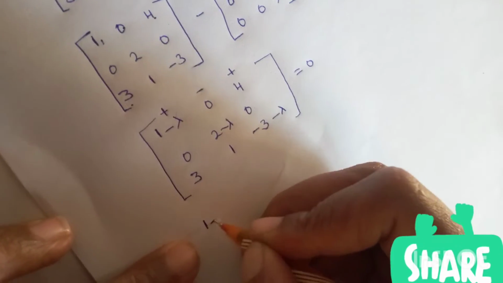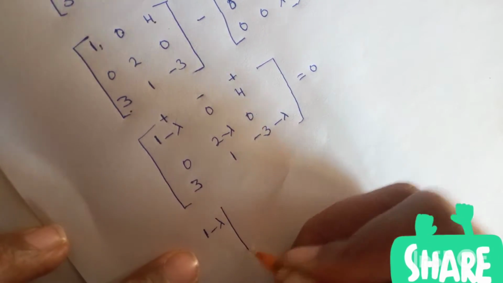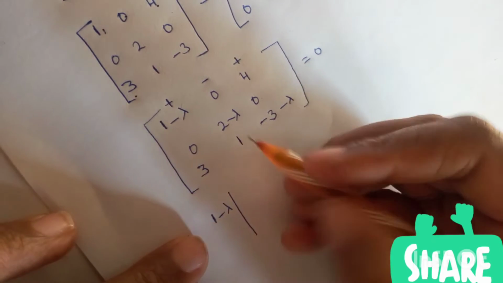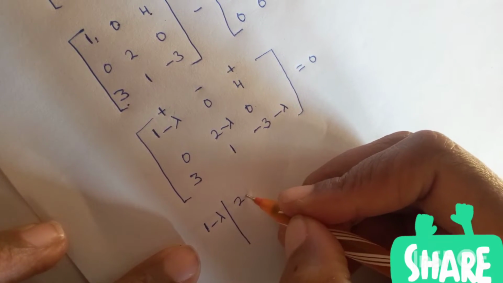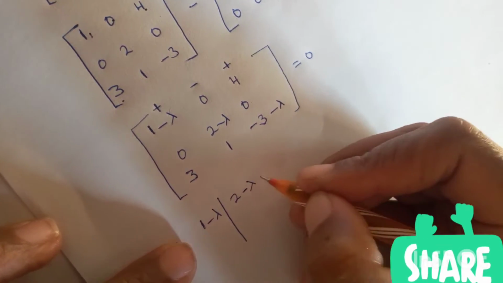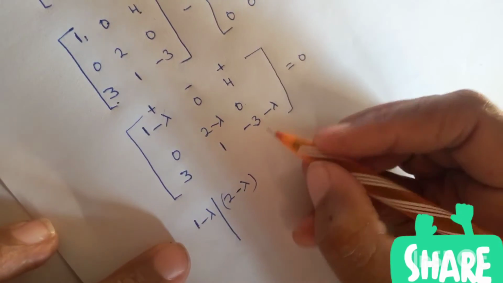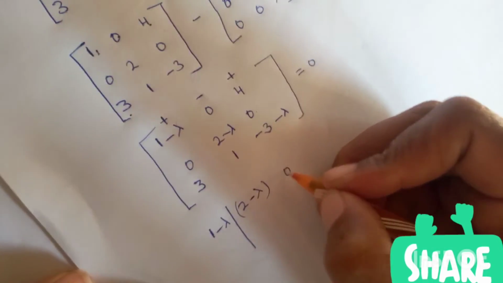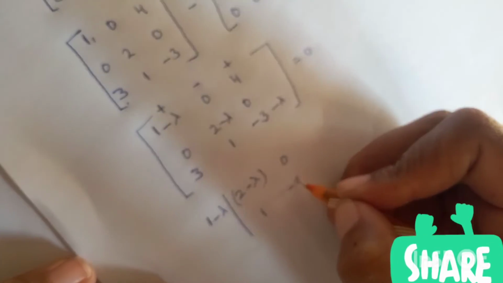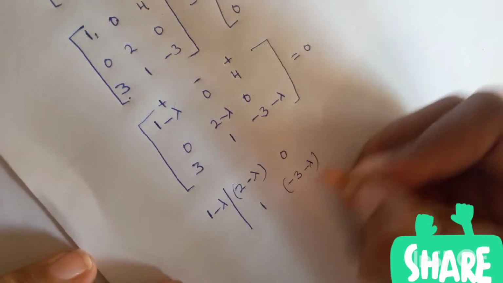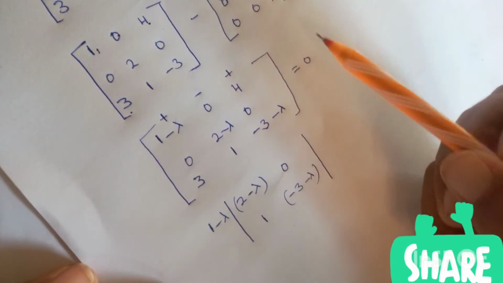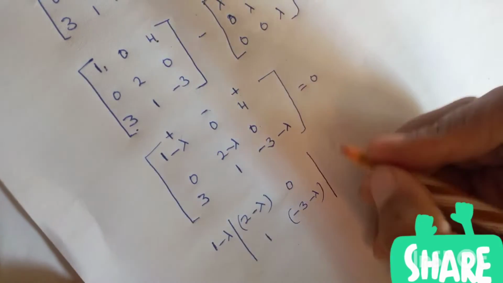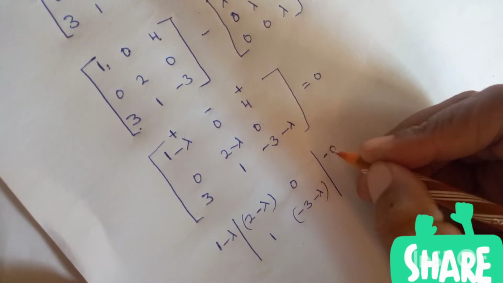So 1 minus alpha multiplies this 2 minus alpha, 0, 1, minus 3 minus alpha. Then we go to the next element, which is 0, negative, so it is minus 0.